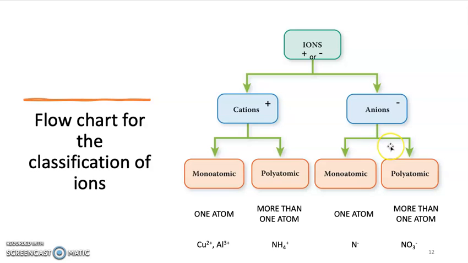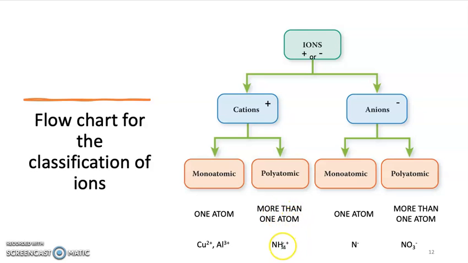Likewise, within the anions, you have monoatomic anions and polyatomic anions. Mono means one, so monoatomic ions only contain one atom. Poly means multiple, more than one, and therefore polyatomic ions are ions that contain more than one atom.